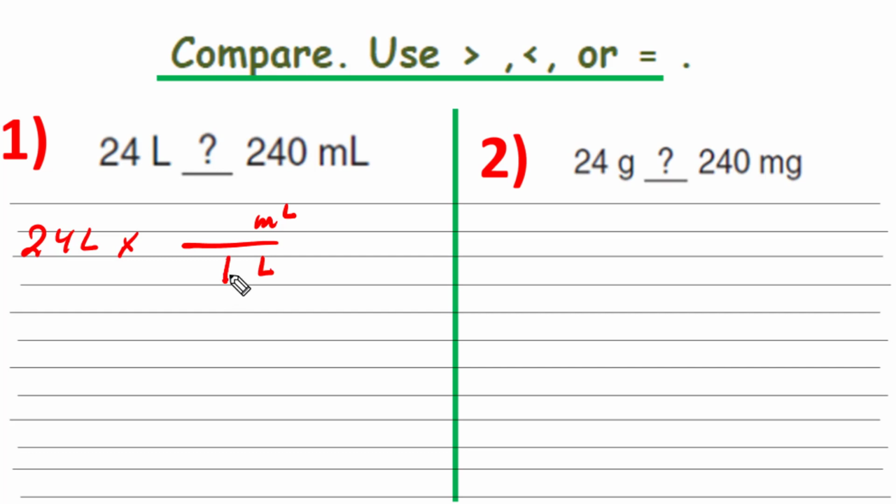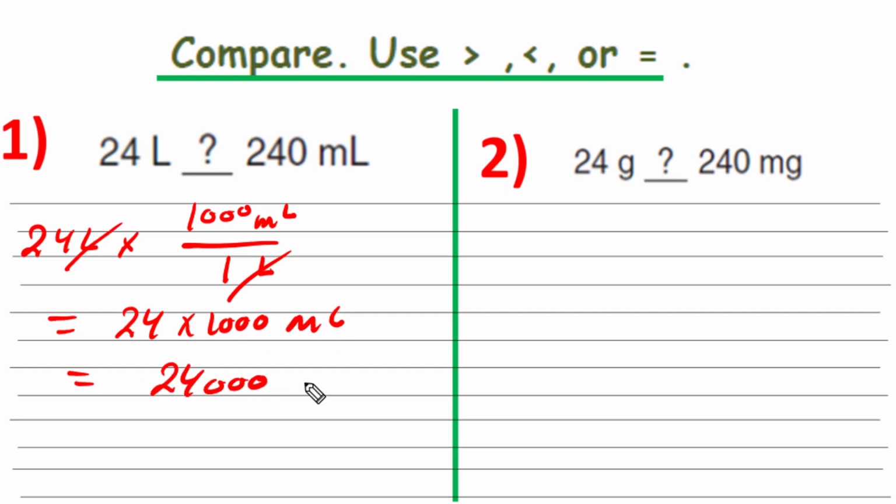The main relation: 1 liter equals 1000 milliliter. Now cancel liter. We get 24 times 1000 milliliter. Now we get 24,000 milliliter. Now the left hand side is greater than the right hand side.